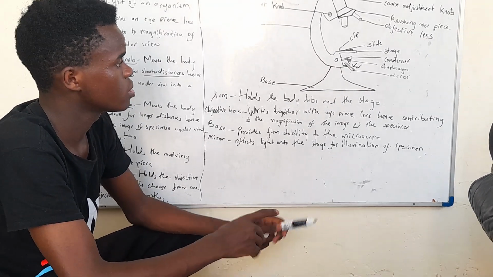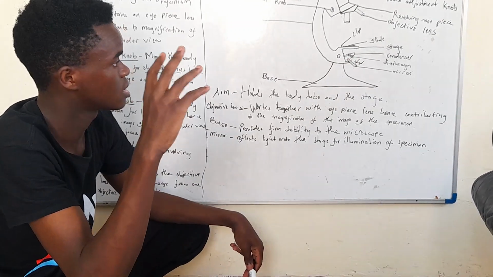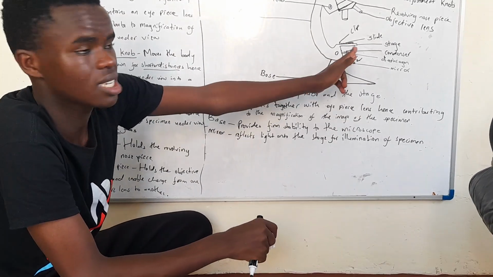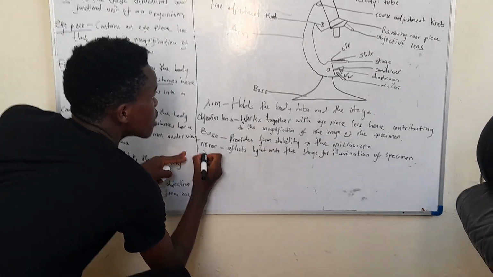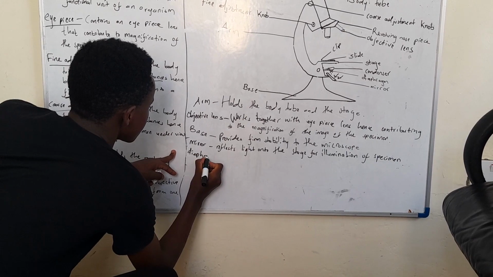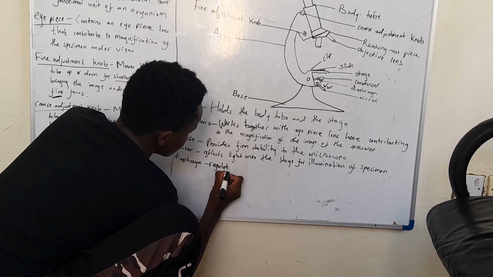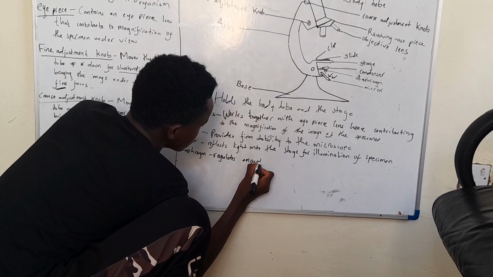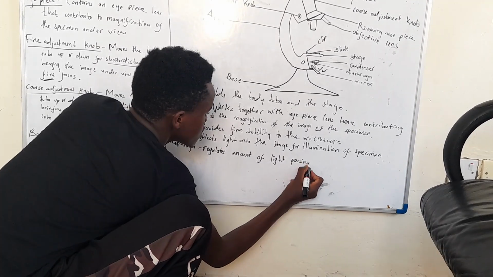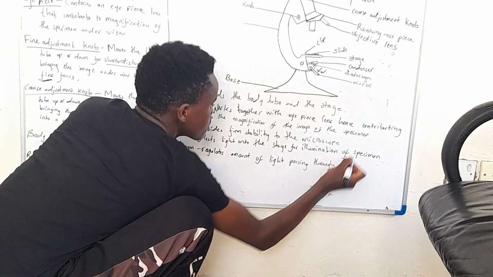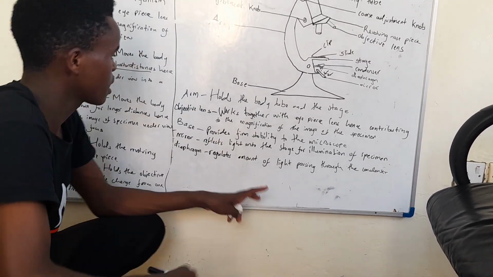There may be a lot of bright light hitting here, so the function of the diaphragm is to regulate the amount of light that passes through the condenser towards the stage. That's the function of a diaphragm.